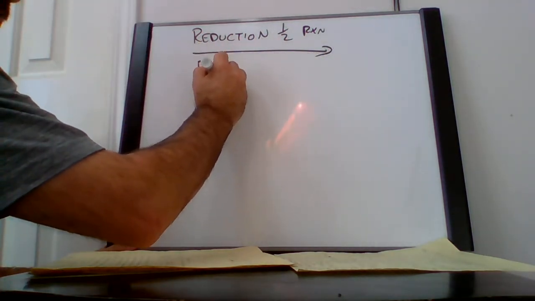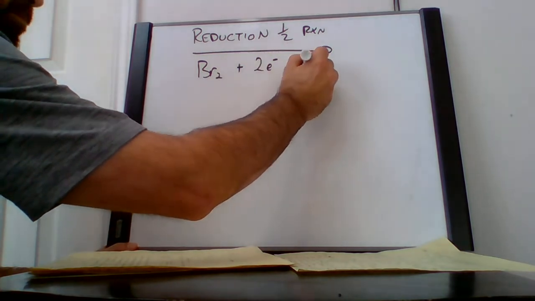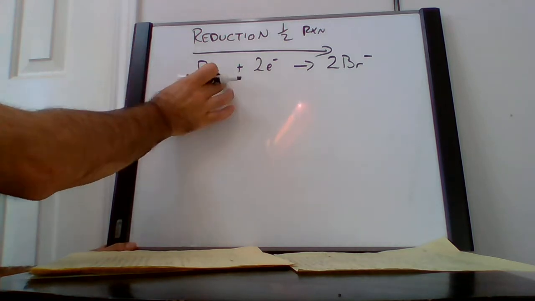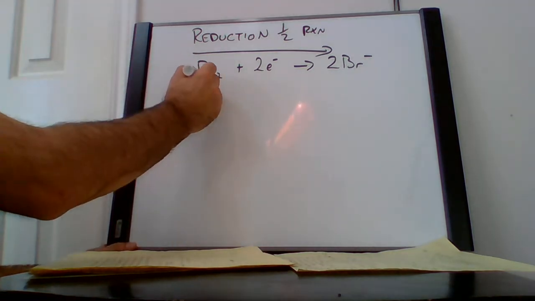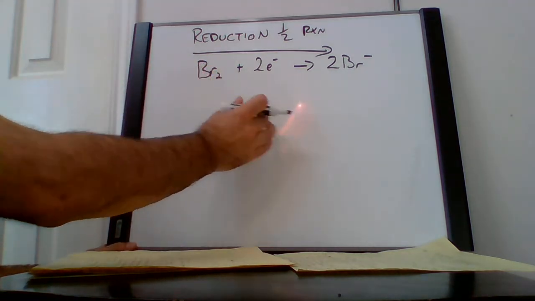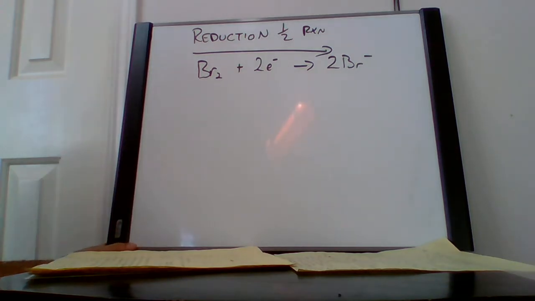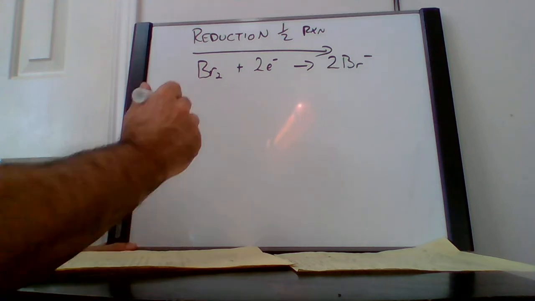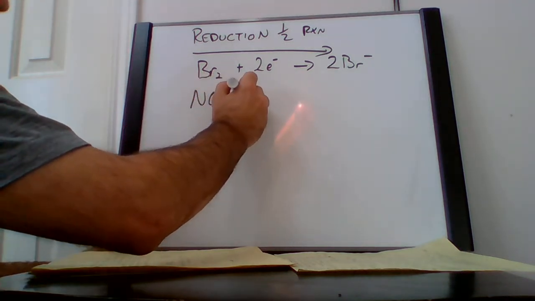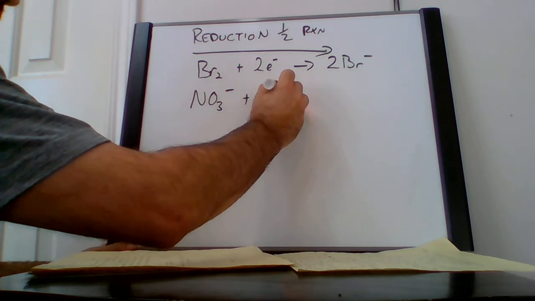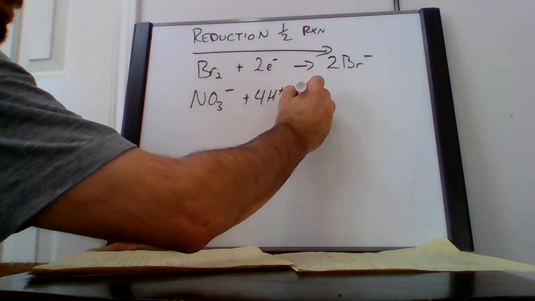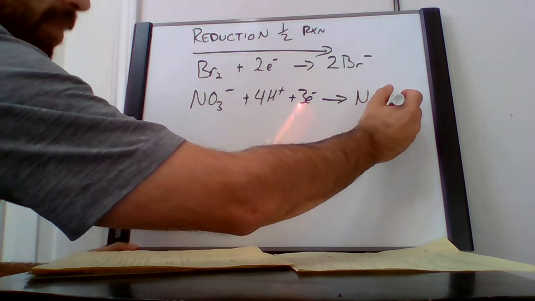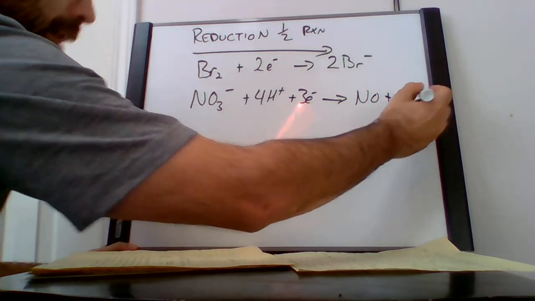If we take a few, here we're in the elemental form, so we would have a charge of 0. Over here, we've moved on to an oxidation charge of 1. What are a couple other examples? There's NO3- plus 4H+ plus 3 electrons going to NO and water.